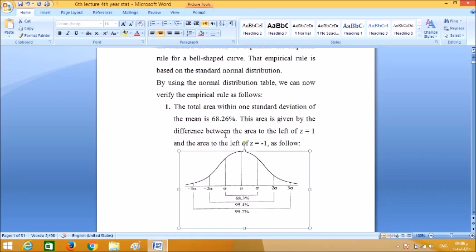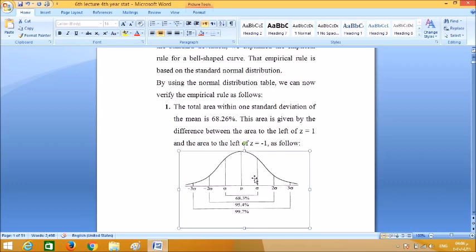Number 1, the total area within one standard deviation of the mean is 68.26%. So between one standard deviation around the mean, the area under the distribution equals about 68%, from minus sigma to plus sigma.